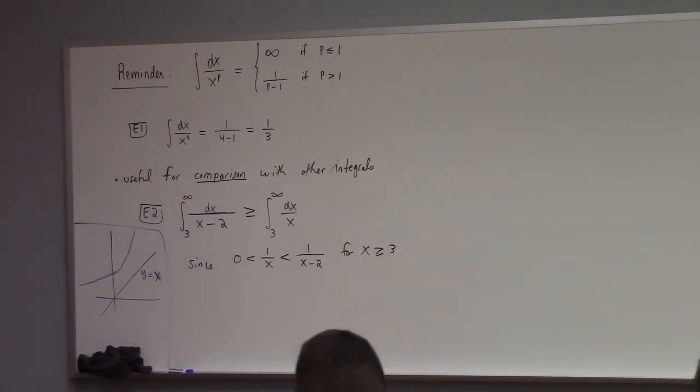Would you guys agree with that? Why would that inequality be reasonable? Why would 1 over x minus 2 be larger than 1 over x?